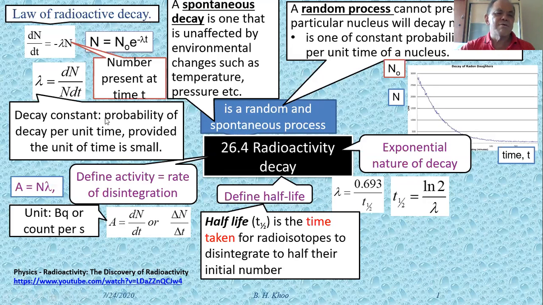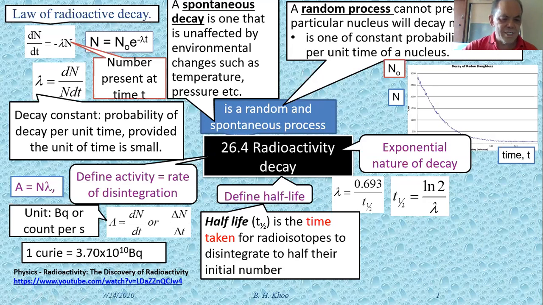And from that equation, remember activity is a number, it doesn't have a sign, negative or positive, just a number. How many per second? We can write it as N lambda. And sometimes they may ask you to convert to curie, and they will give you 1 curie is 3.70 times 10 to the power 10 becquerel.